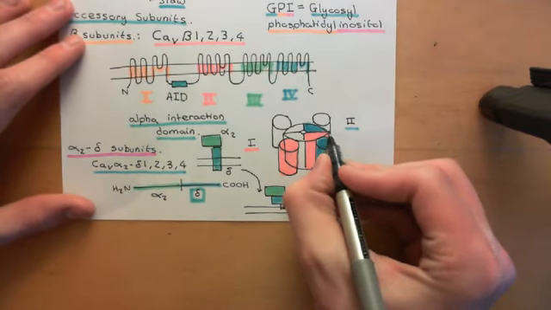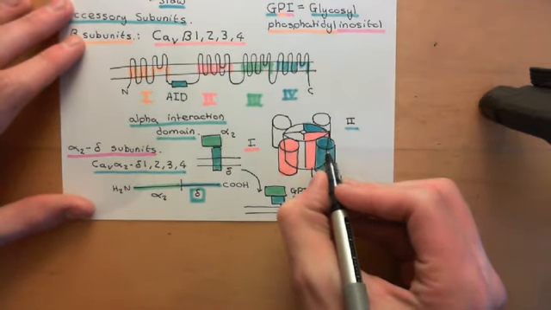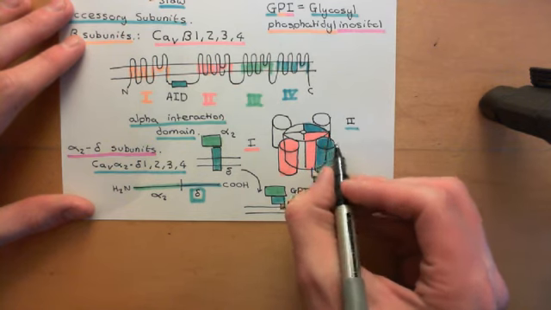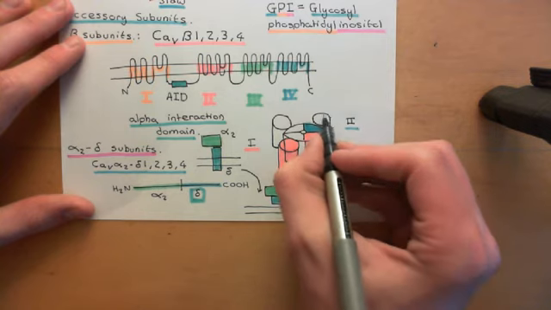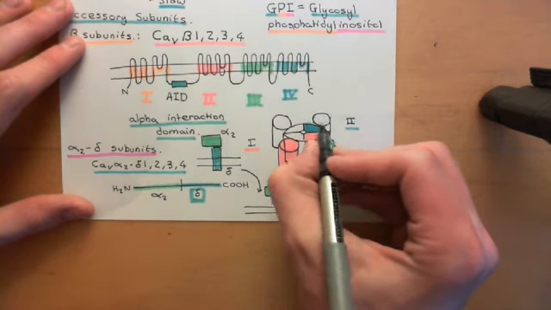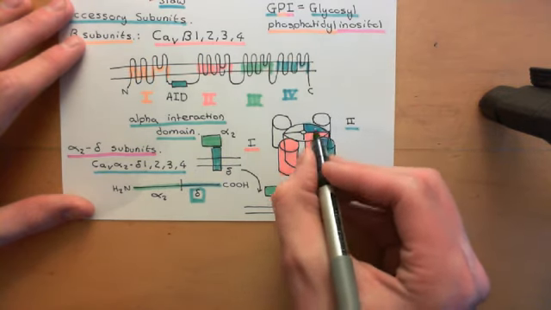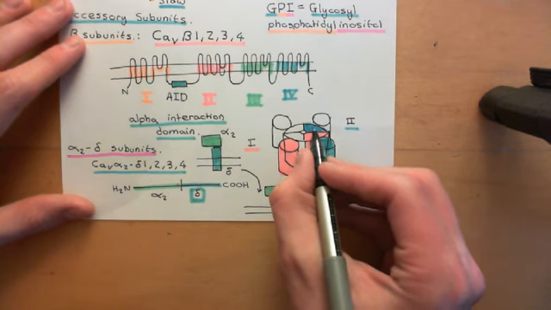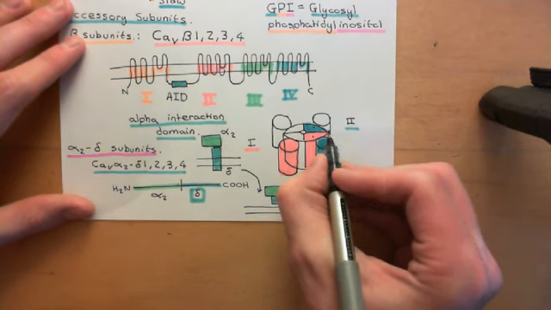It's going to attach in this gap between the voltage sensing domain of domain 2 here and the voltage sensing domain of domain 3 here, and next to the pore forming domain of domain 1 and the pore forming domain of domain 2 here.